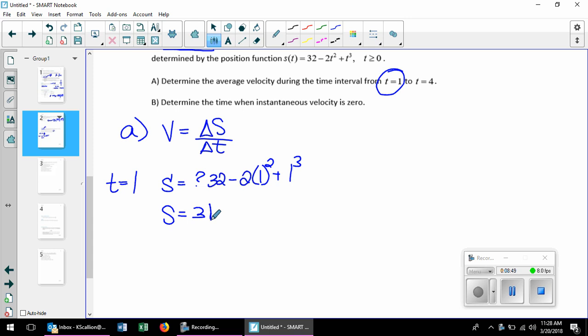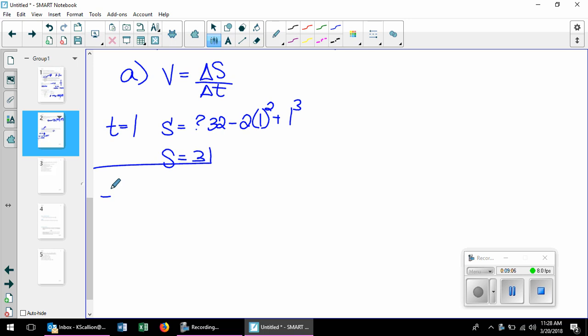Okay, so we're just looking for the change in the y value over the change in x value. Have you seen this before? That's your slope, which is the same as velocity. And I need to do T4.